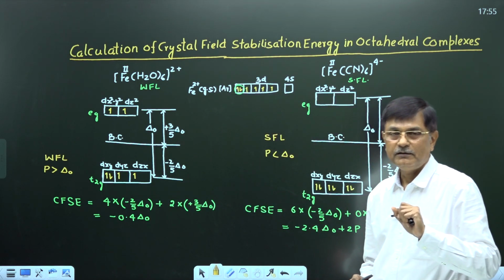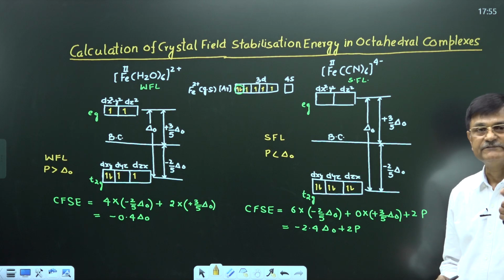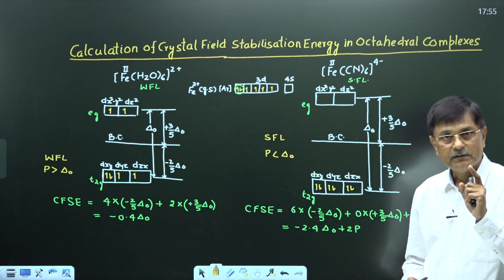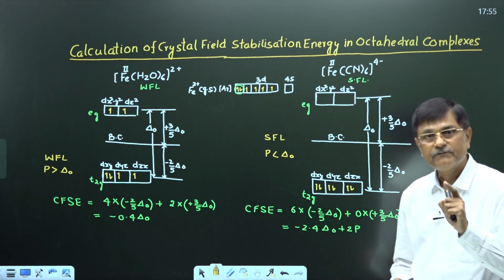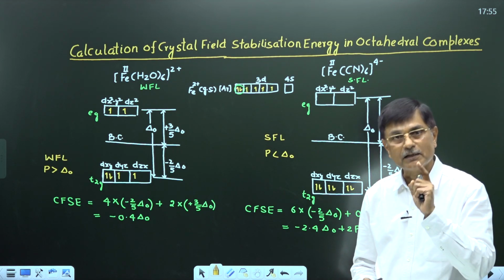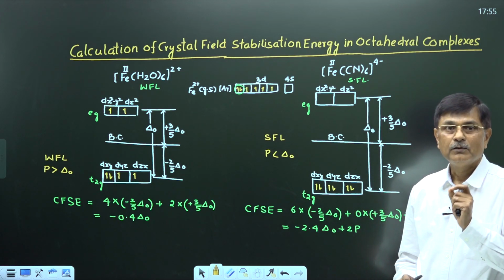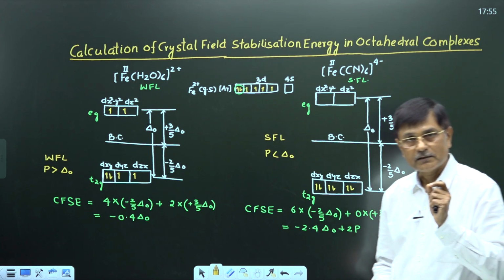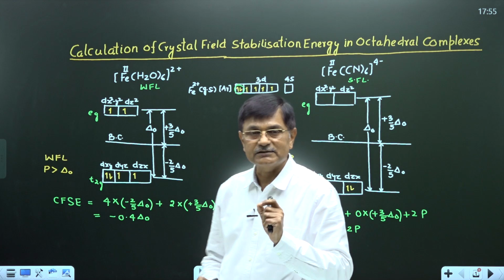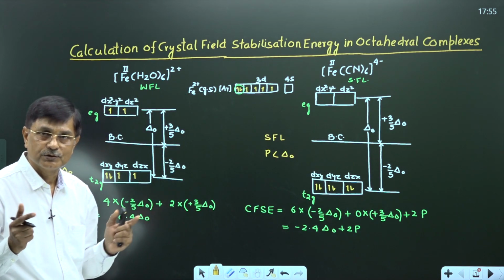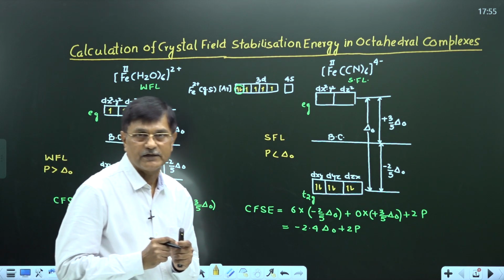In case of 5 electrons in WFL case, CFSE will be 0, while if there are 10 electrons in these orbitals, then CFSE value will be 0 irrespective of nature of ligand.